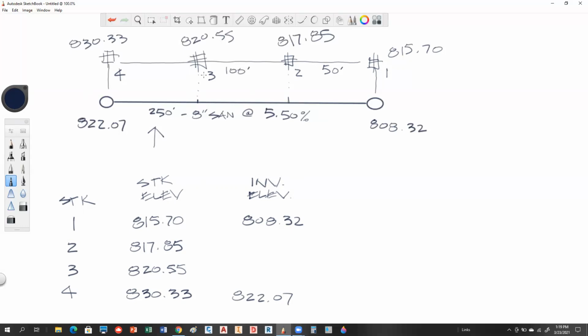All right, so let's do that. We got 5.5 divided by 100, right? Times 50 gives me a rise of 2.75 plus 808.32. So it looks like this would be an invert of the pipe of 811.07. You guys verify that for me.